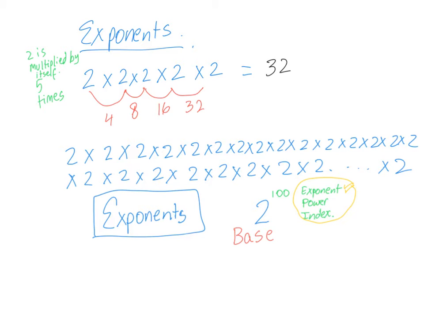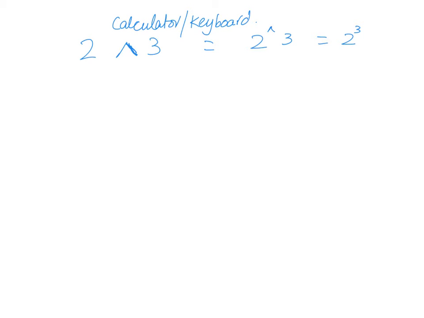So 2 exponent 100. Now in your calculator, there are various ways to represent exponents. Some calculators use this notation, which is also on your keyboard. So a calculator or your computer keyboard will be using this. If I wanted to write 2 exponent 3, I would just write it this way, or this way, or this way.